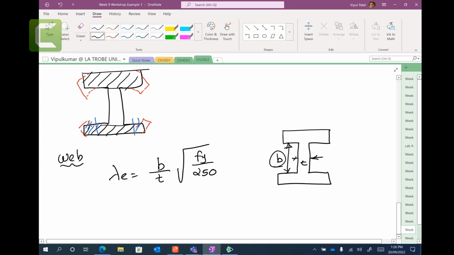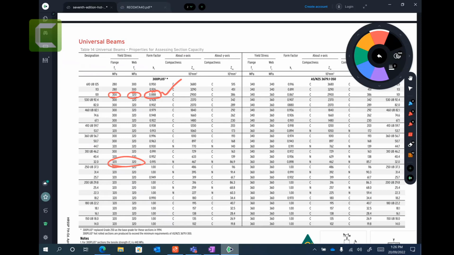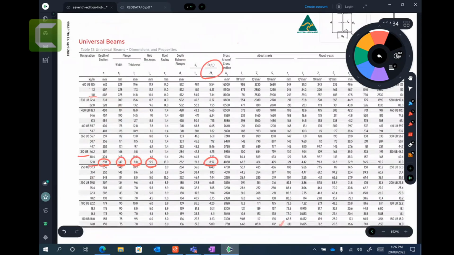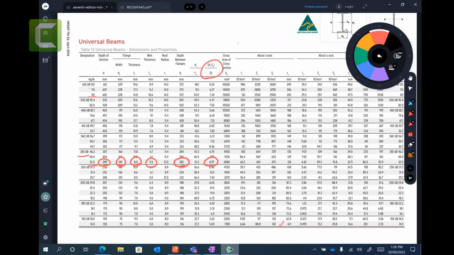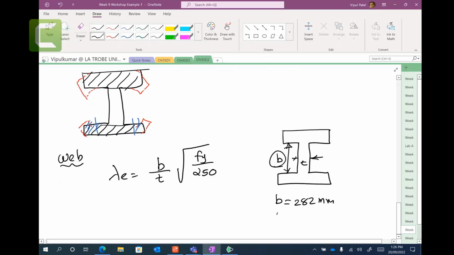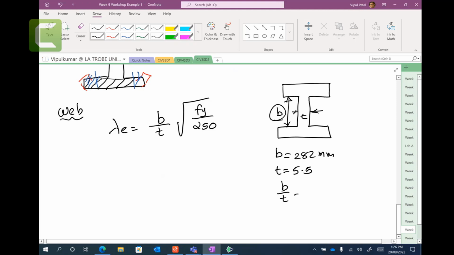If I want to calculate this b, I can get it from this one, 282 millimeters. The thickness of the web is 5.5. Can you please do this one? b on t, 282 on 5.5.